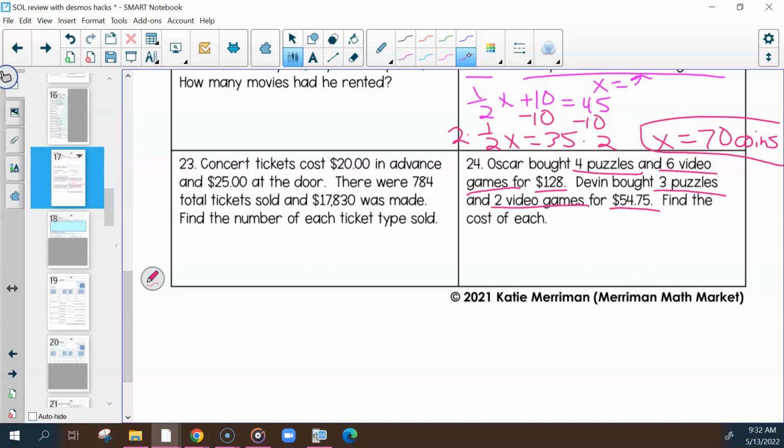I'm going to use Desmos for this one. So I'm going to say my puzzles are my x, my video games are my y. Our two equations: we have 4x plus 6y equals 128 for Oscar, and 3x plus 2y equals 54.75 for Devin.